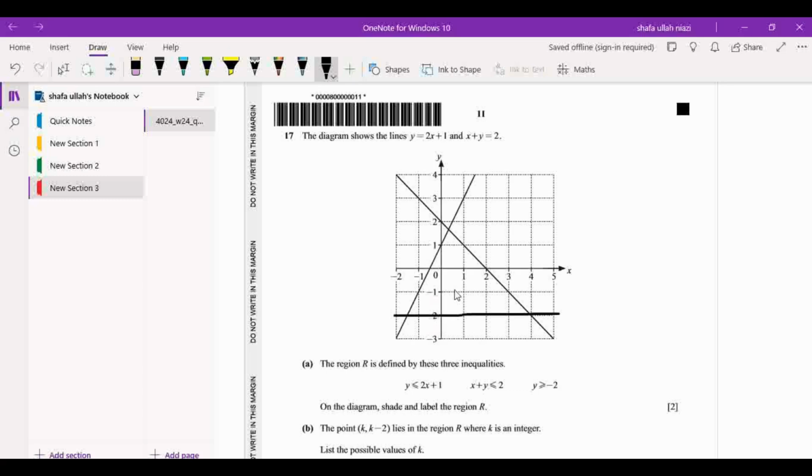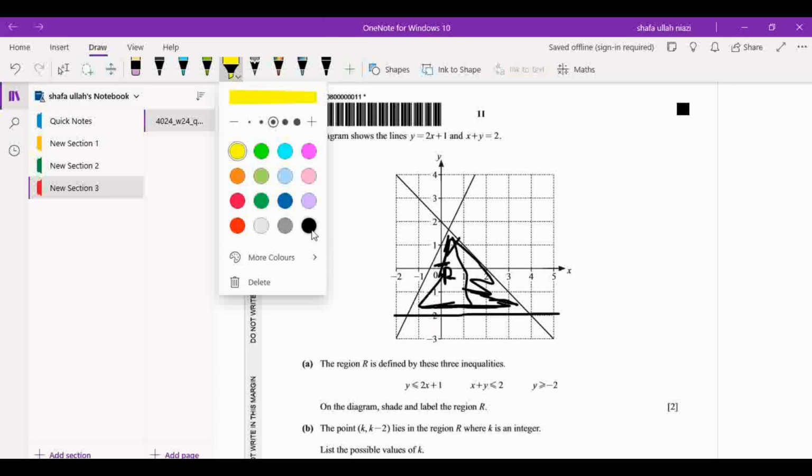So this region is R, and we have to shade this region. I shade it partially for you. You can do it for yourself. So we have to shade all of this region and label it as R. This whole region we have to shade and label as R. I do it for you.